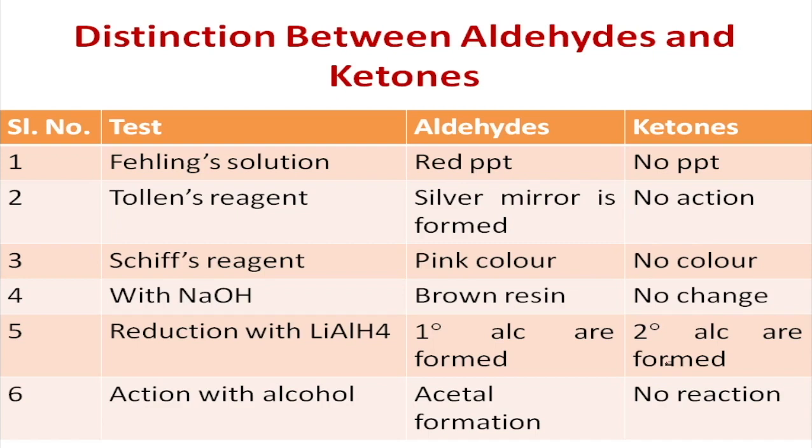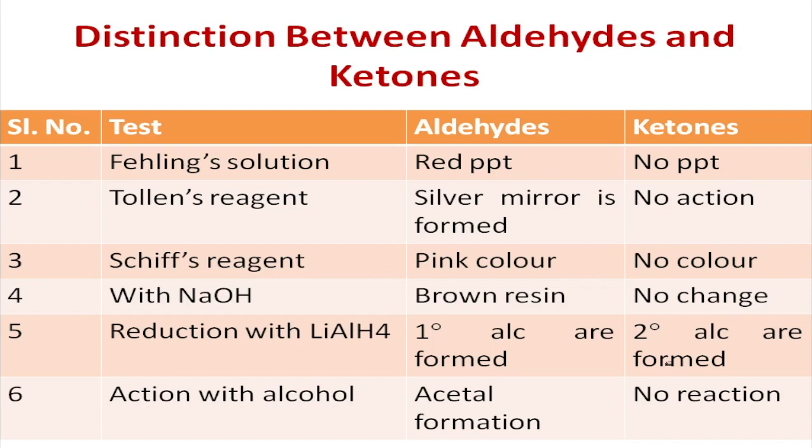Second one, Tollen's reagent, silver: aldehyde forms a silver mirror, ketones do not. Tollen's reagent differentiates aldehyde and ketone. Number 3, Schiff's reagent: aldehyde forms a pink color, ketones do not. Same thing, reduction with lithium aluminum hydride: aldehyde reduces to alcohol, whereas ketone reduces to secondary alcohol.